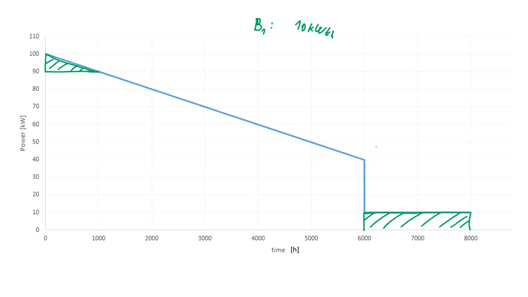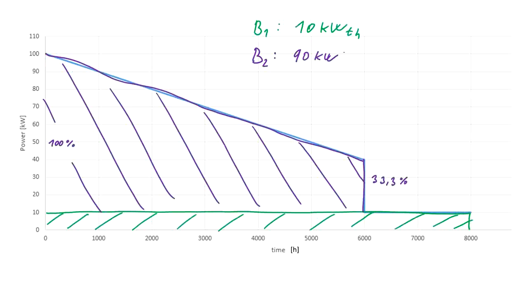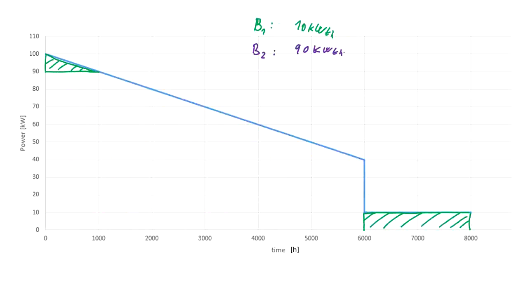And then the rest would be covered by the second boiler, which would again have a thermal output of 90 kilowatts. So you can see same as here, 10 and 90, but just running in different periods.